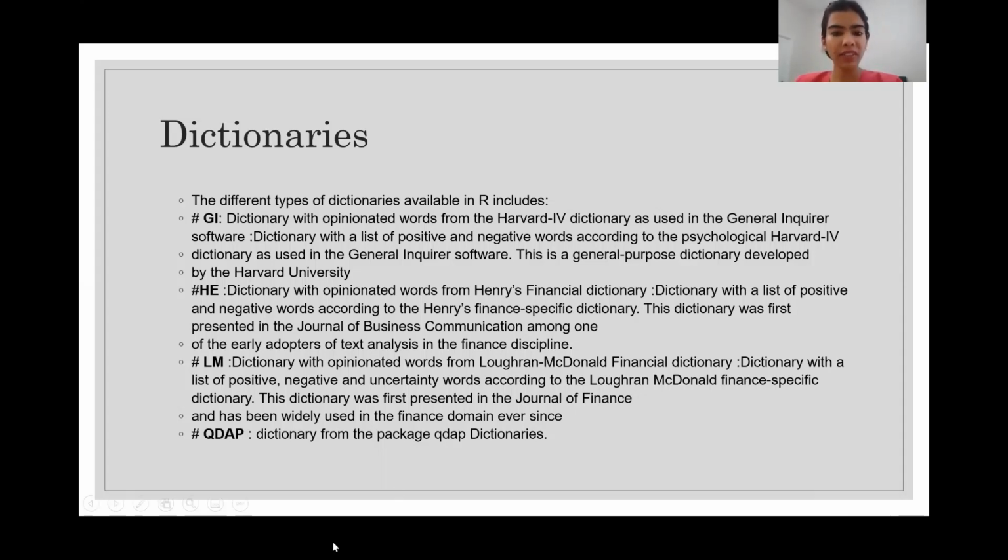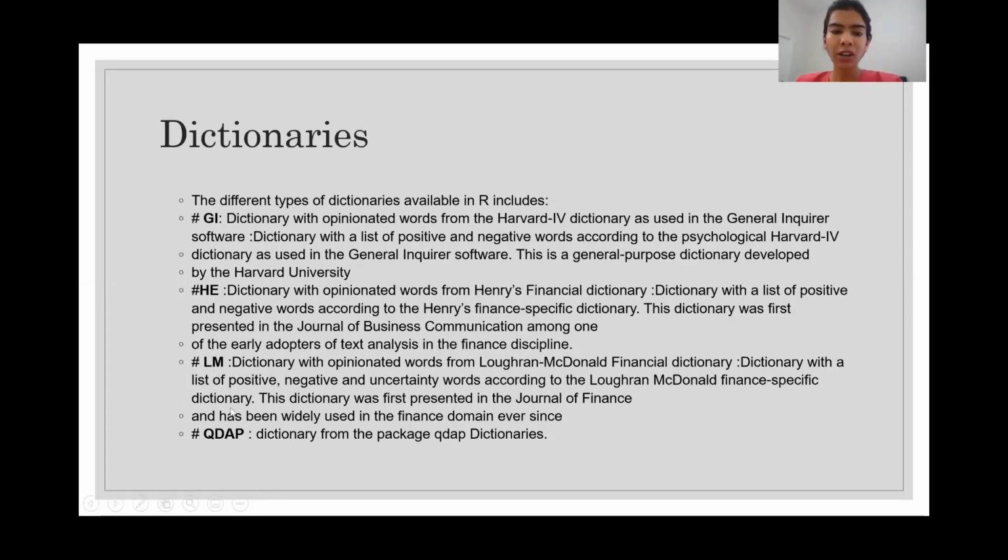Likewise, there exist HE and LM, Henry's Financial Dictionary and the Loughran-McDonald Financial Dictionary, whose main intention is to make the user aware of finance-related or accounts-related words. So whenever a person is working in the finance or accounts sector and wants to analyze text, the vocabulary in these two dictionaries would be very helpful.